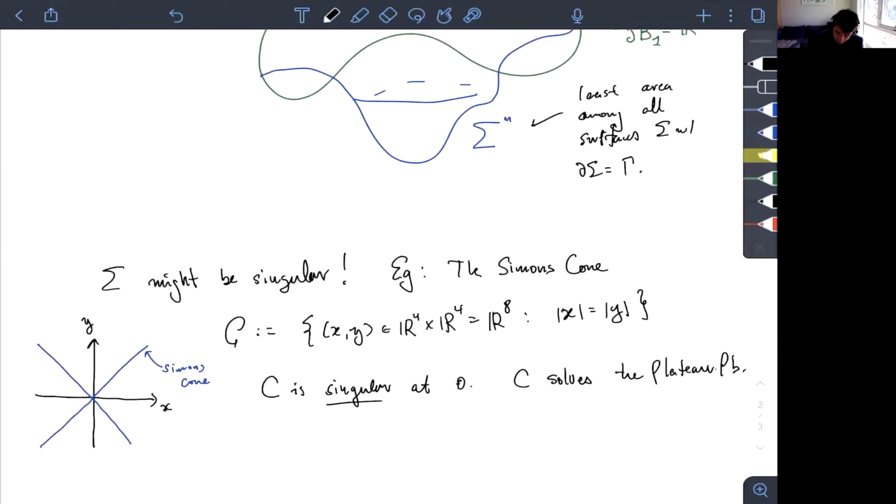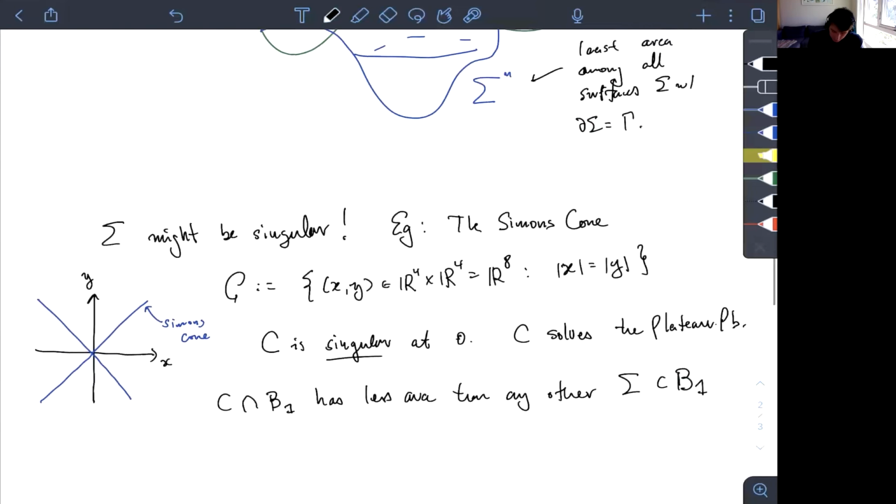So what do I mean by that? Really what I mean is that C intersect B_1 has less area than any other sigma in B_1, or even outside of B_1, with boundary sigma equal to the same boundary.